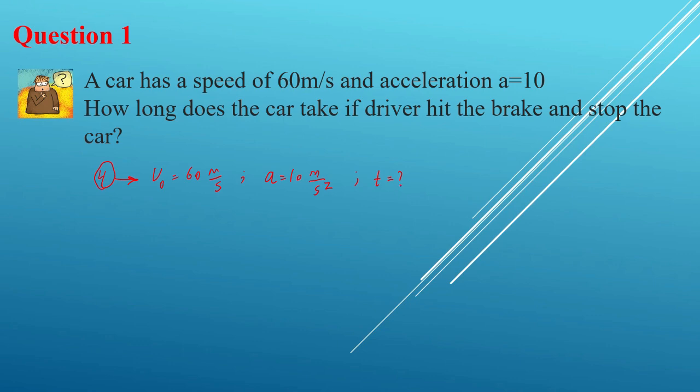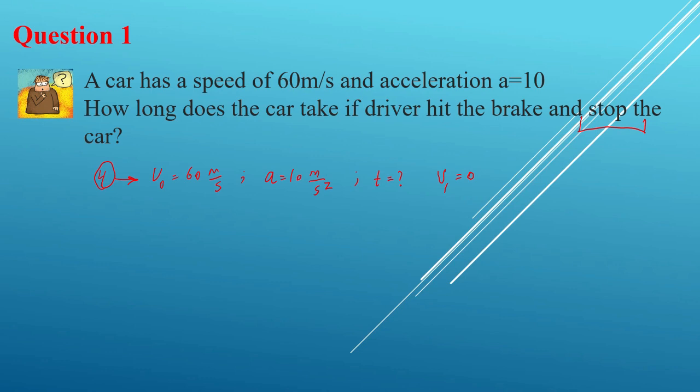But it also says it stops, right? What that means is, if something stops and is not moving anymore, my v is going to be 0, right? Because it's not moving anymore, correct? So now I have 3 known parameters and 1 unknown parameter, which is t, right?